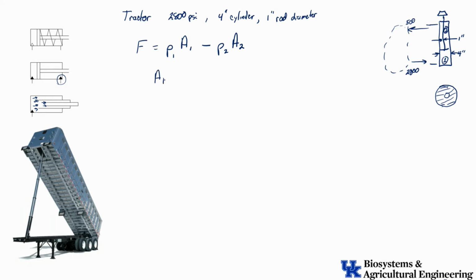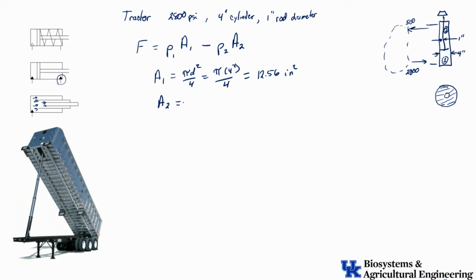So A1, we said this is a 4-inch cylinder, so this is just pi d squared over 4, so it's pi times 4 squared over 4, and that gives me an area of 12.56 square inches. Area 2, that's the back side of the cylinder. What I have to do is take the area of the whole piston, subtract the area of the rod.